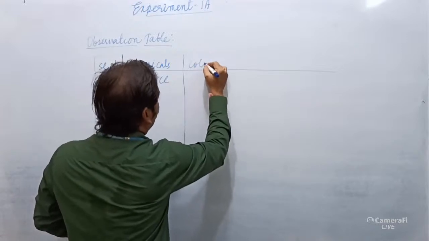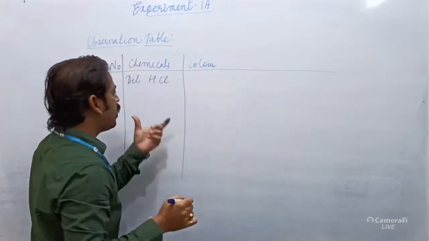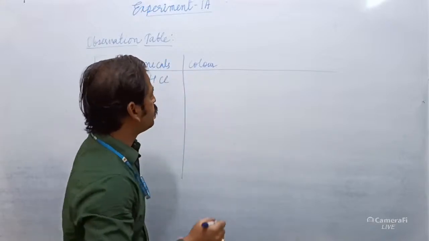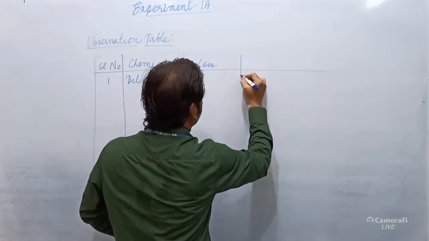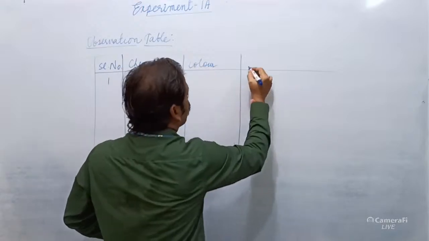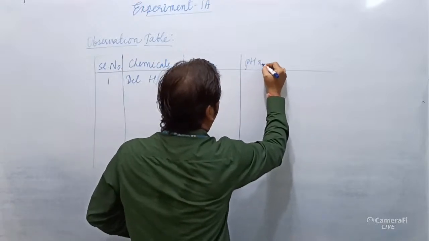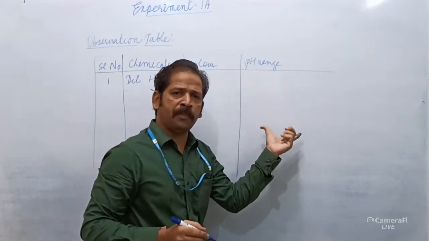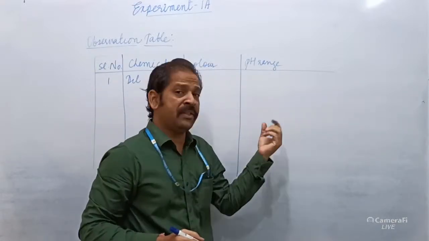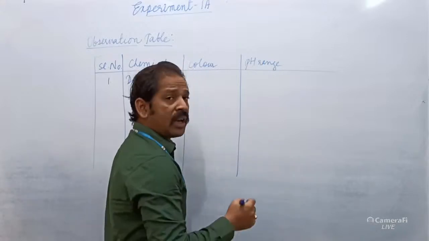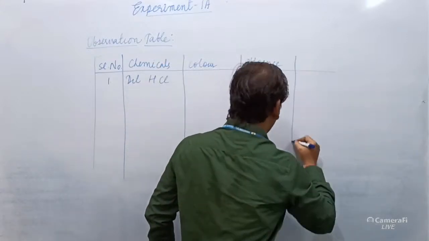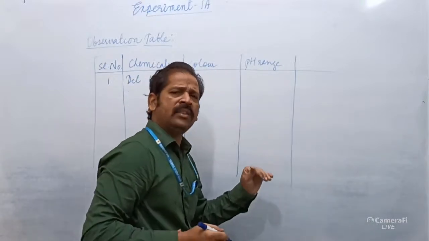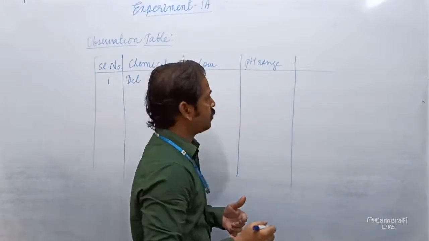The columns are colors, what color we get through the universal indicator; a narrow range of pH value; and at last, the nature of that chemical. Is it acidic, basic or salt?